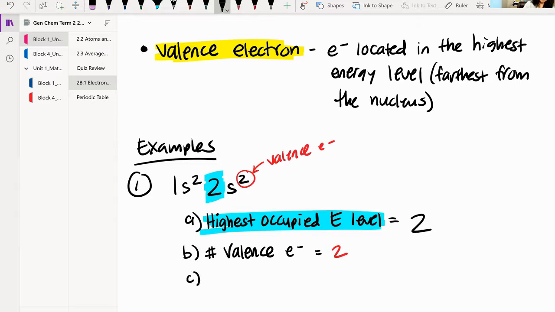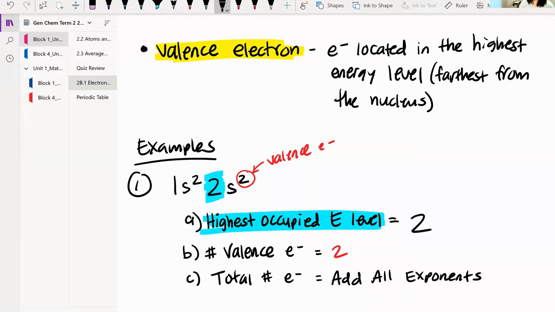Next question. What is the total number of electrons inside of this atom? The total, not just the valence, but everything together. To do this, you're going to add all exponents together.